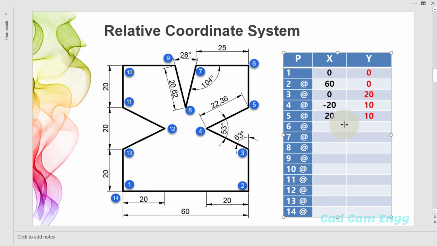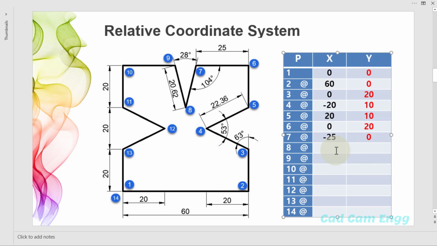Now 5 to 6 is vertical, so we give only the y-axis value: x-axis 0, y-axis 20. Point number 7, now the horizontal position. Here also we give the value only for the x-axis: x-axis 25. Don't forget it is minus 25, because point number 6 acts as the origin point. Then y-axis, you know very well, it's 0.